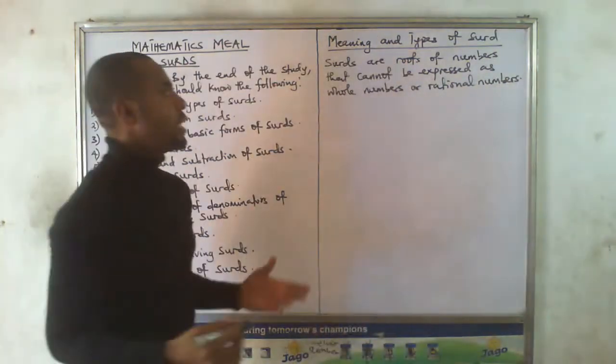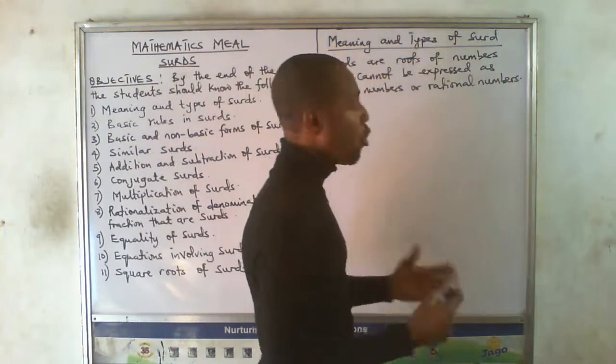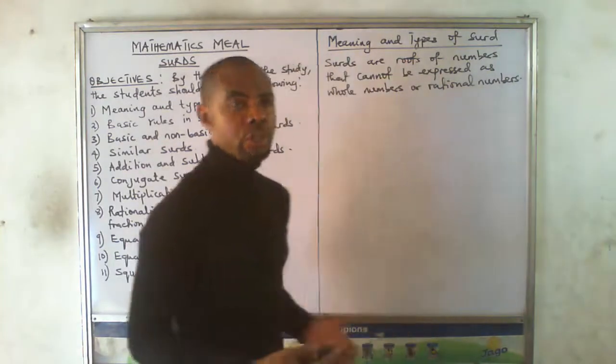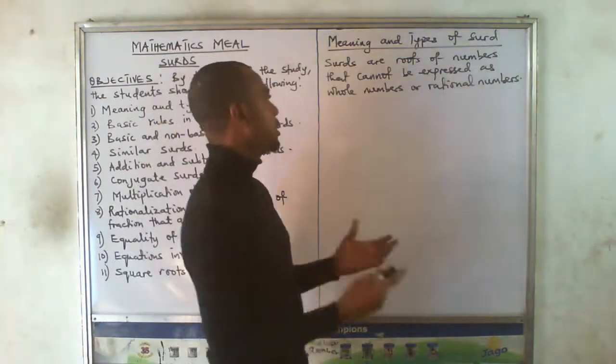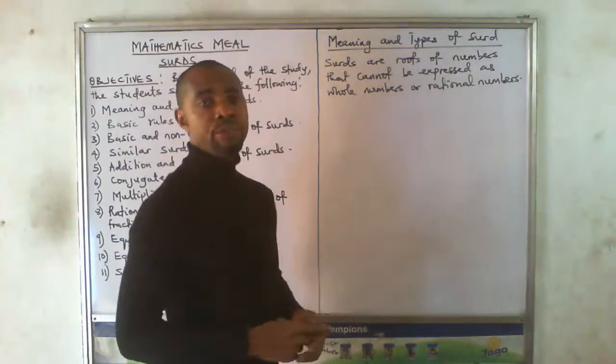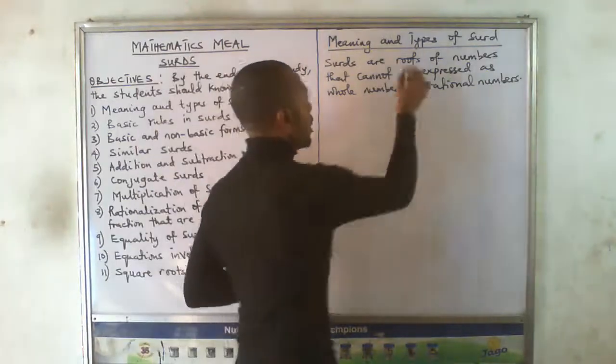Roots of numbers that cannot be expressed as whole numbers or rational numbers are known as surd. Now, look at the keyword here, roots.